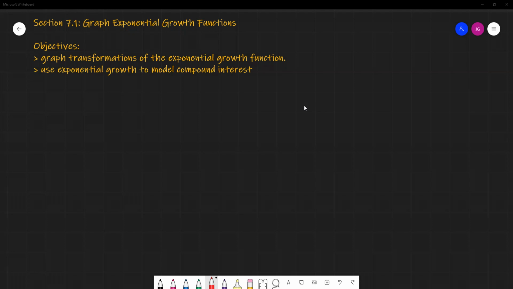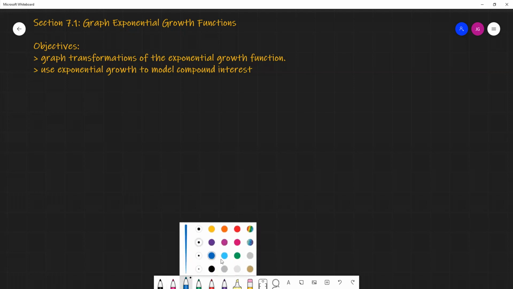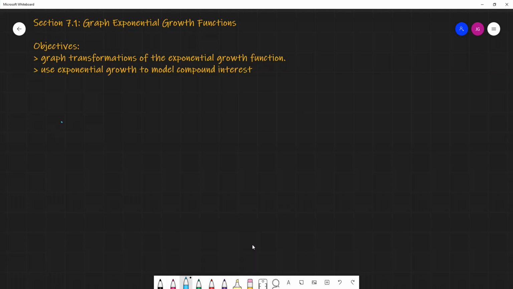Before we get there, though, let's talk about the general form of the exponential. Our general form is f of x is equal to a times b to the power of x minus h, plus k.